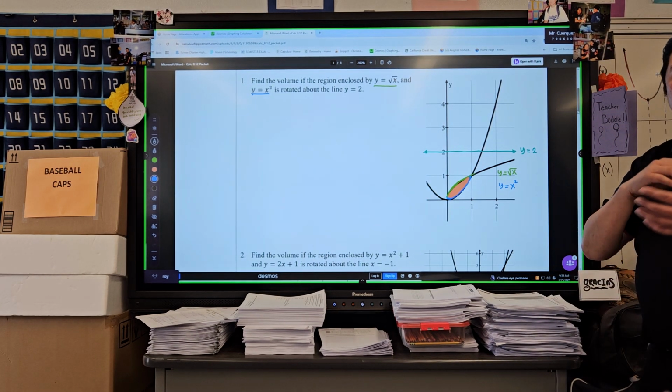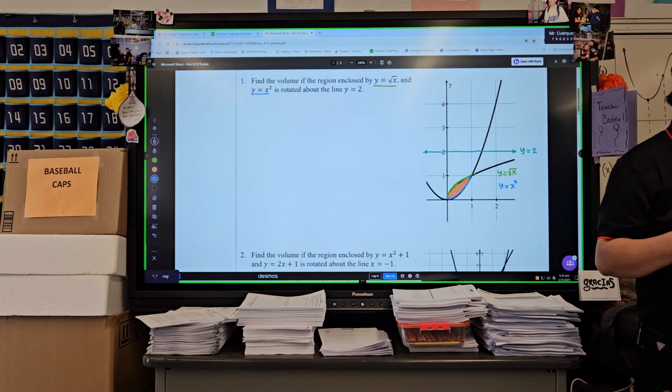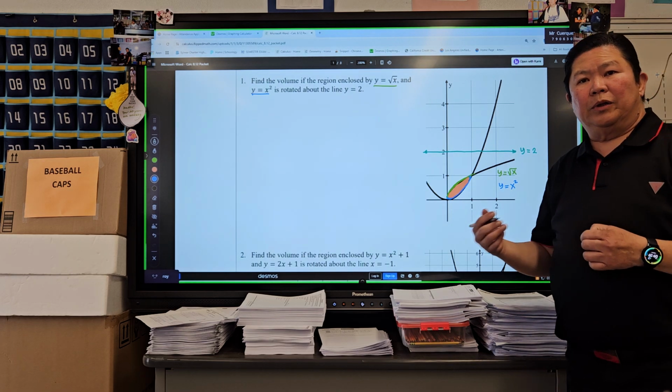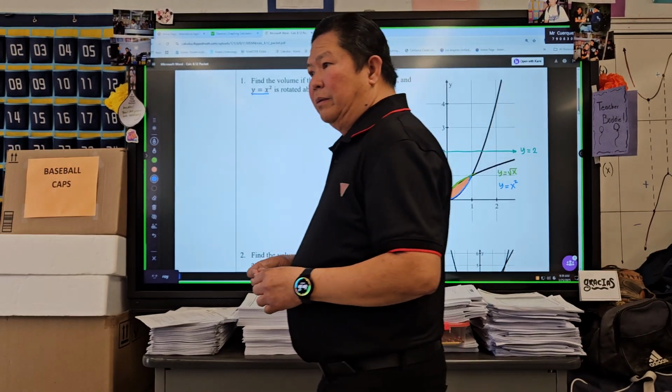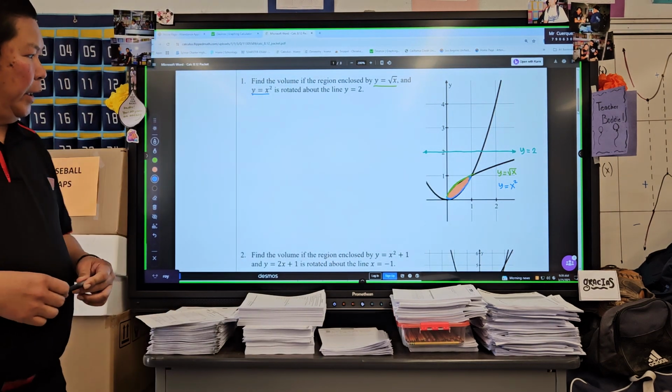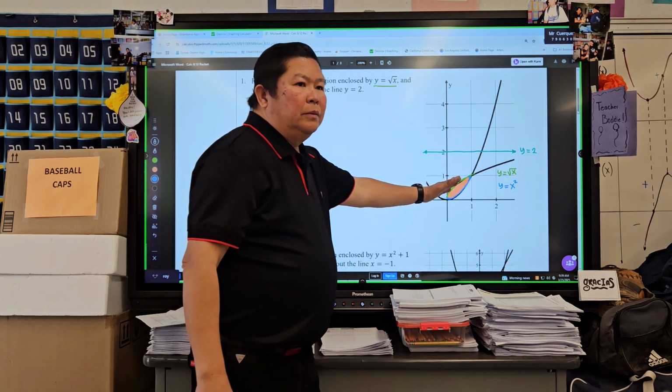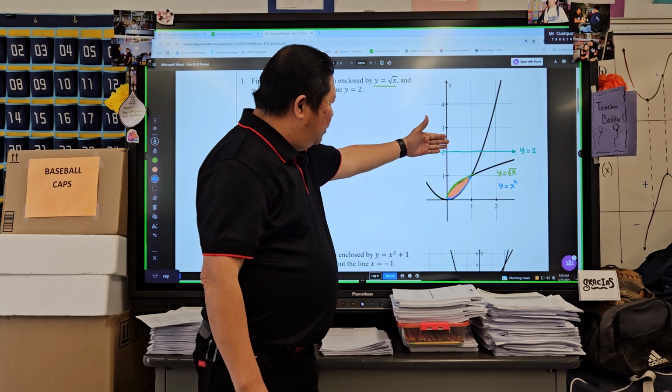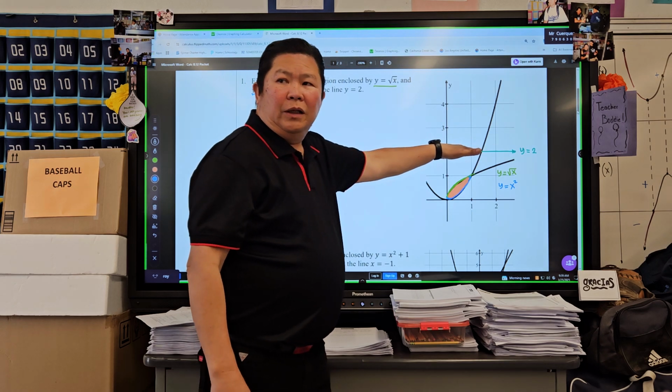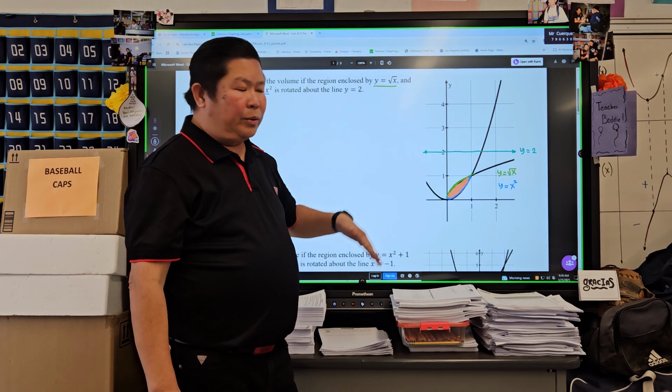So it is a region enclosed by two curves, a parabola and a square root, and this region is being revolved along the line y equals 2.